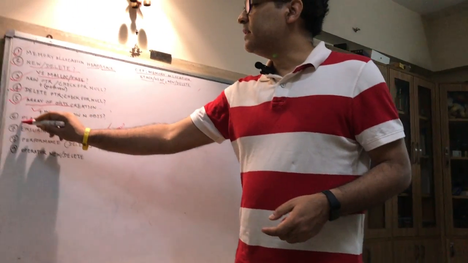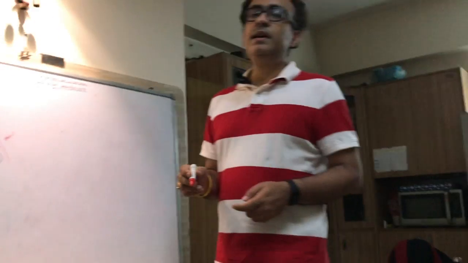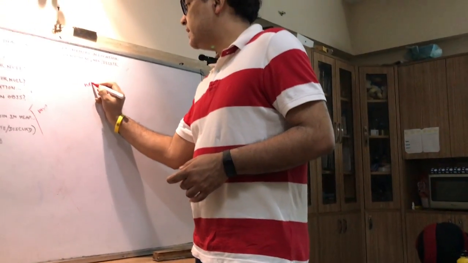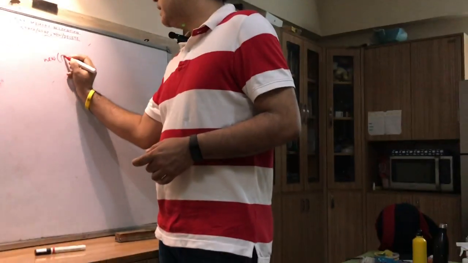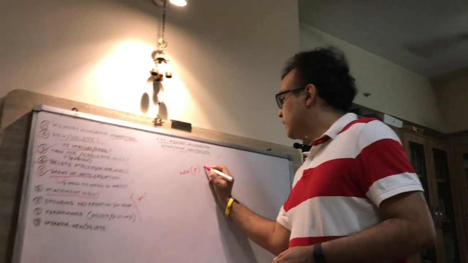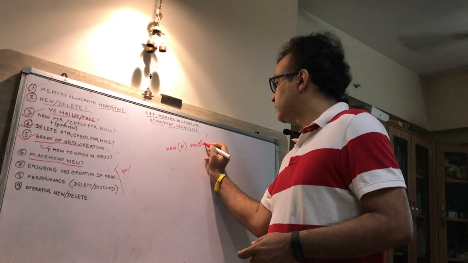Another interesting thing is what is called placement new. Placement new is a special type of new operation. We write the syntax first here. We write a pointer p after this new operation, then we write my class.